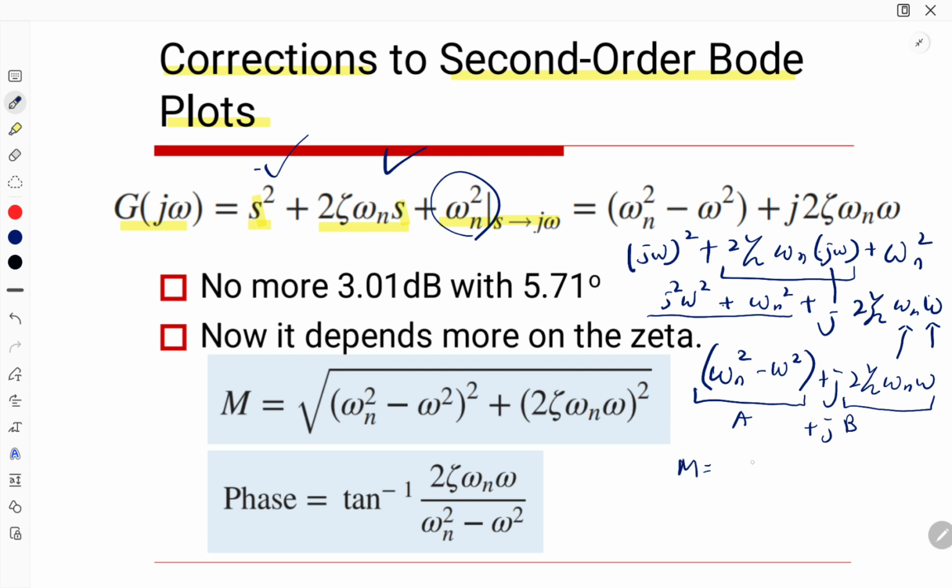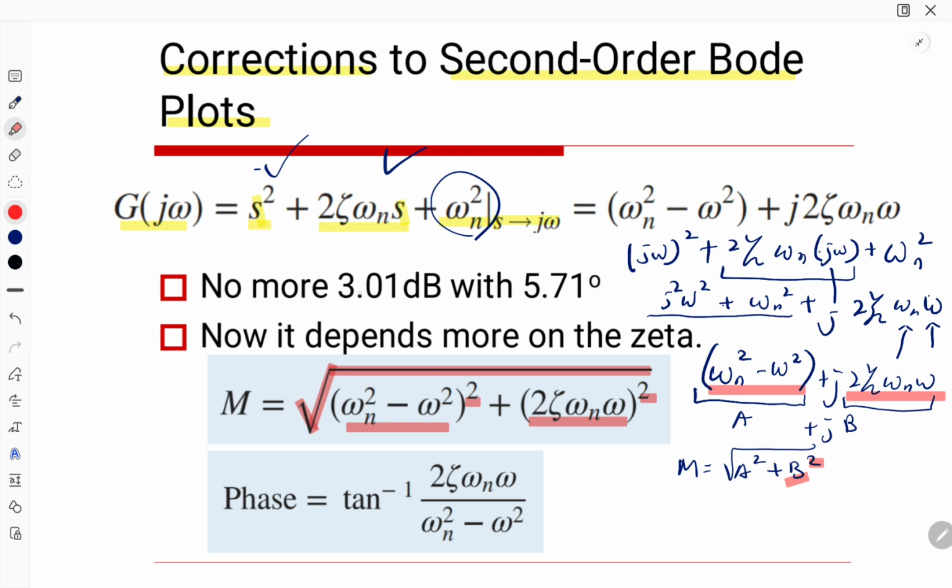The magnitude M is the square root of A squared plus B squared. Your A portion is here squared, and here's your B portion, 2 zeta omega n omega squared, and square root of the whole thing. So that's where this equation came from.